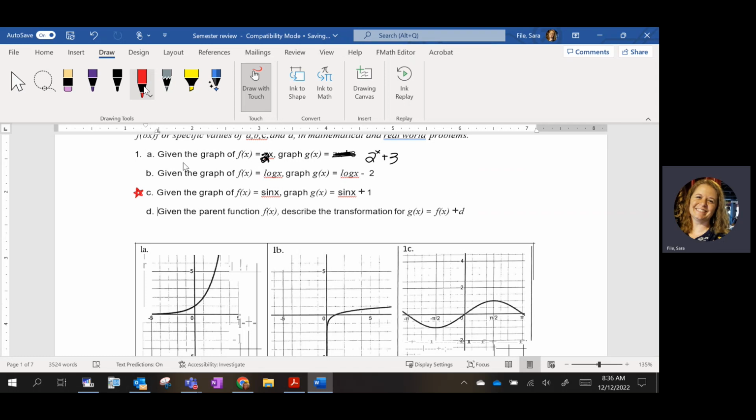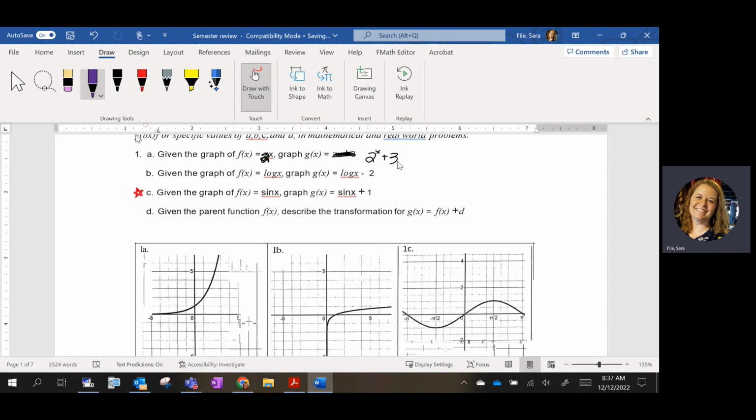Okay, so for number 1A, it says given the graph of 2 to the power of x, they want us to graph 2 to the power of x plus 3. So we need to remember that plus 3 outside the function, what type of transformation is that? What does that do to our graph, that plus 3? Say it again.